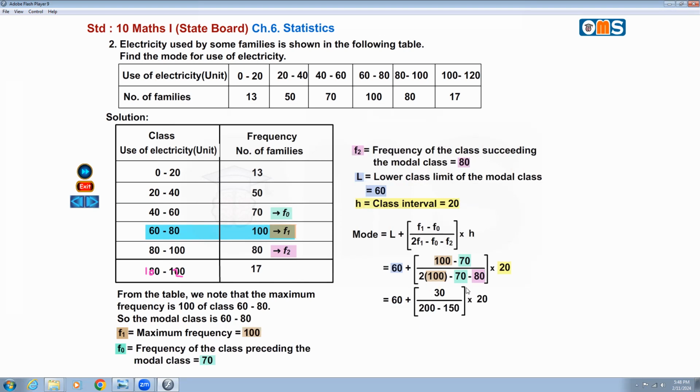Right, 2 into 100, 200, minus 70 minus 80, that is minus 150. 30 as it is, 20 as it is, 60 as it is. 200 minus 150, that is 50.